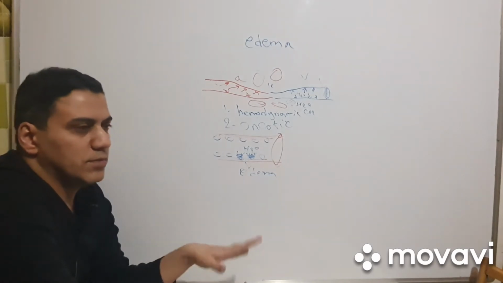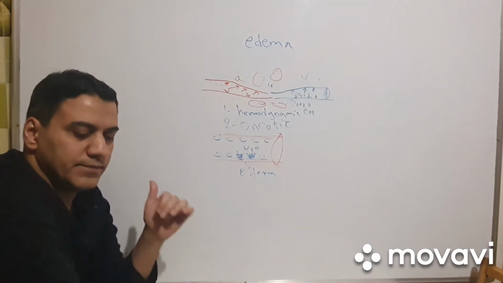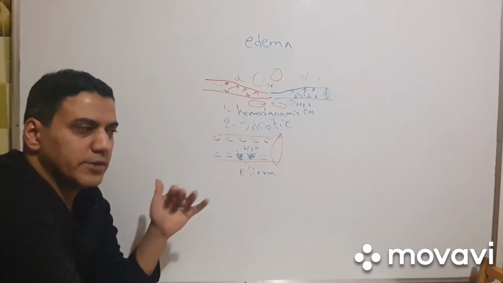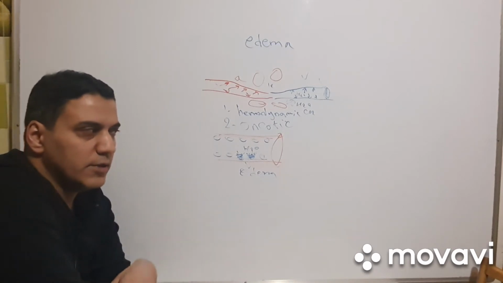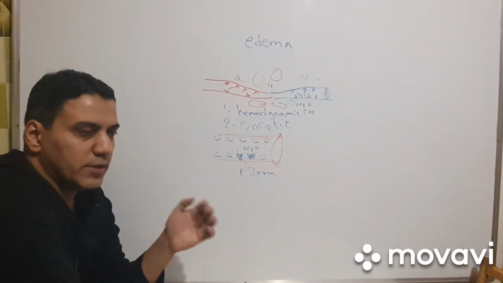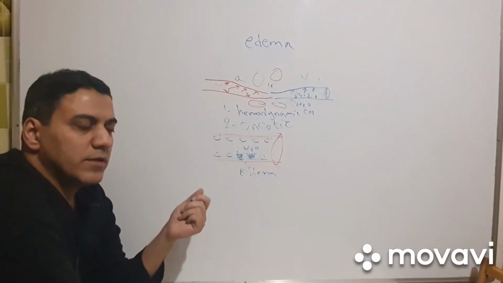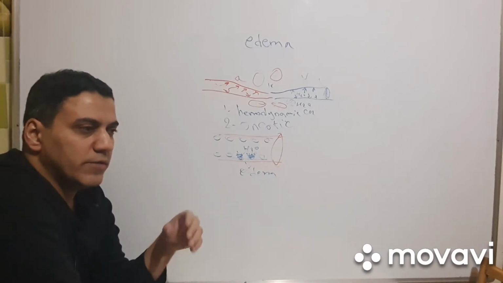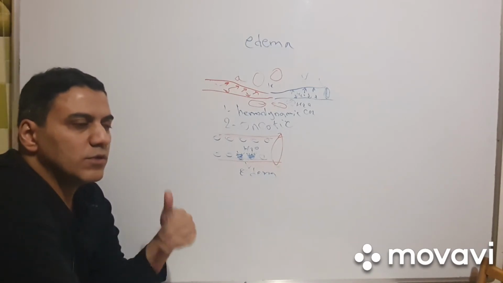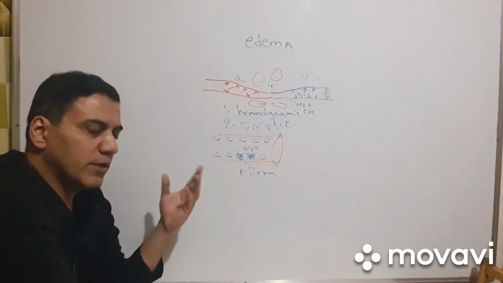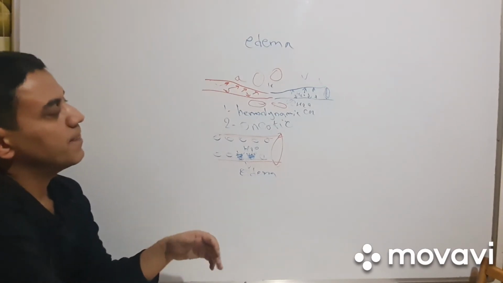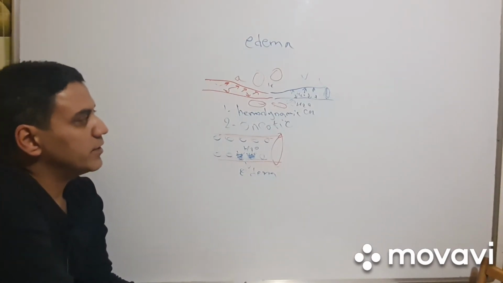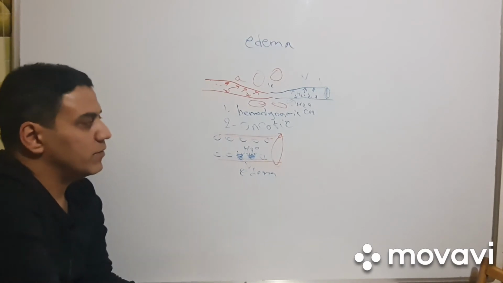Also, when we lose protein in case of burning, this explains why in a burned area we have swelling full of fluid. It's because we lost protein in case of burning. And also in renal diseases, nephrotic syndrome, for example, we lose protein with urine. It will also lead to some swelling surrounding the eye, for example. This is the oncotic factor of edema.